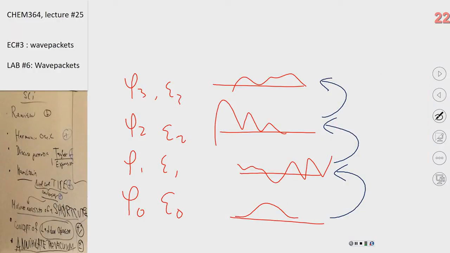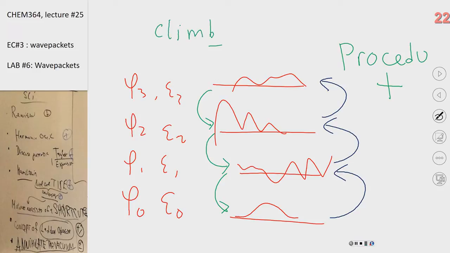And at the same time, it was one procedure, procedure plus. And we can define procedure minus, which will help us to ladder downstairs, to just climb down. And since we know that an operator is an abstraction, a thing that changes the wave function, we can define a new abstraction.